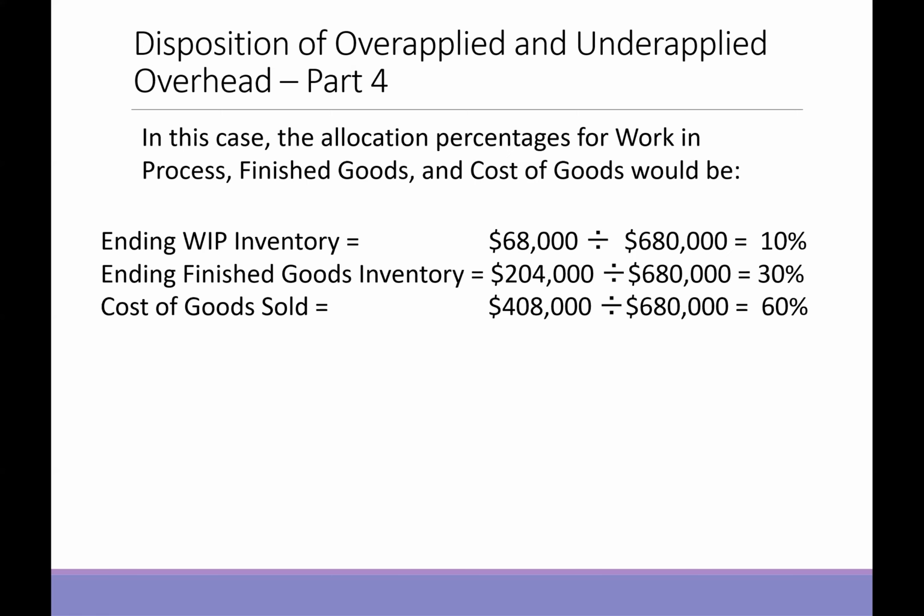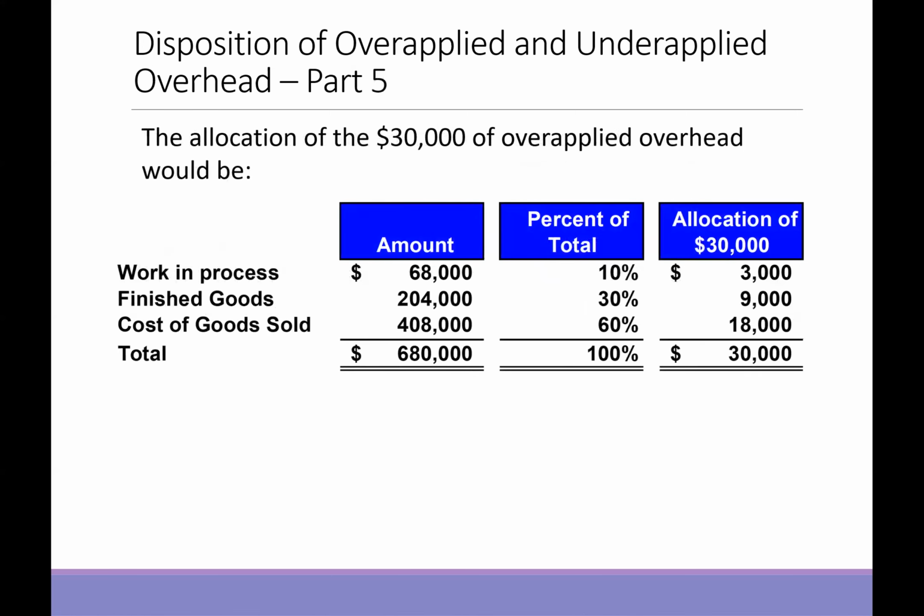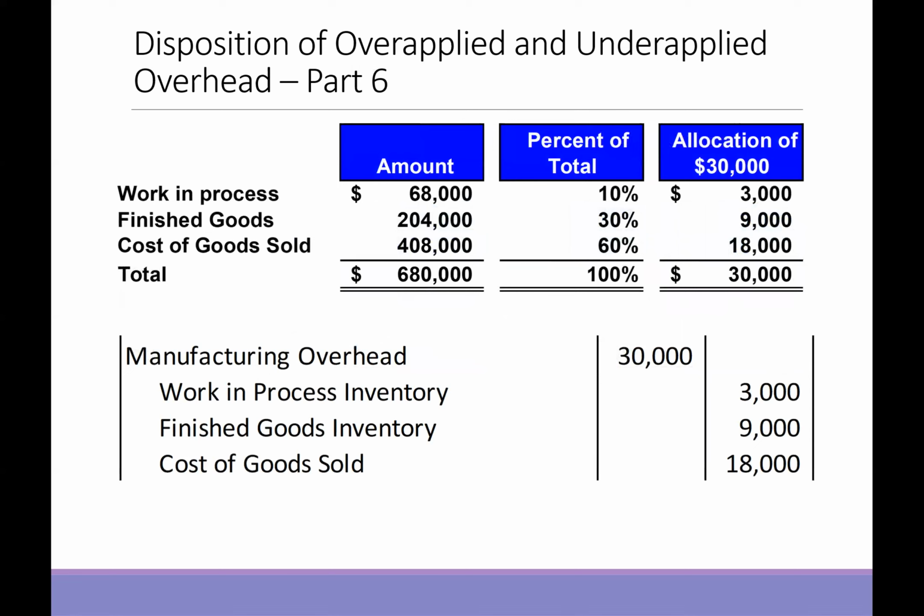So then we could take that 30,000 and apply it to those three various accounts proportionately. So you see here, we would debit our manufacturing overhead and we could credit those three accounts to adjust the fact we over applied.